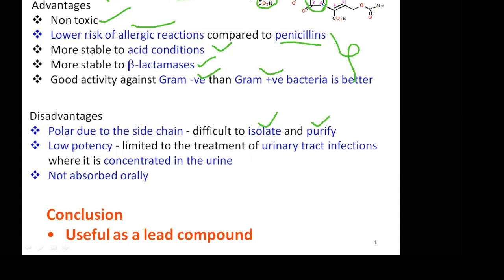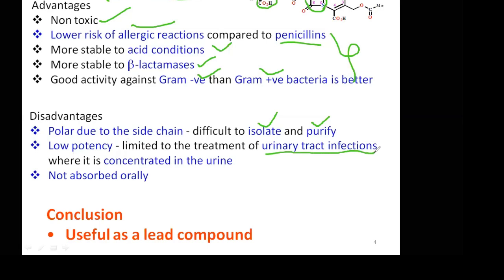What is the disadvantage with cephalosporin C? Overall, cephalosporins are superior drugs. Regarding cephalosporin C, there is low potency and limited treatment to UTI infections.